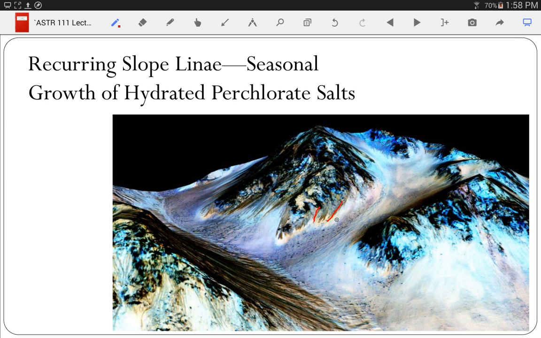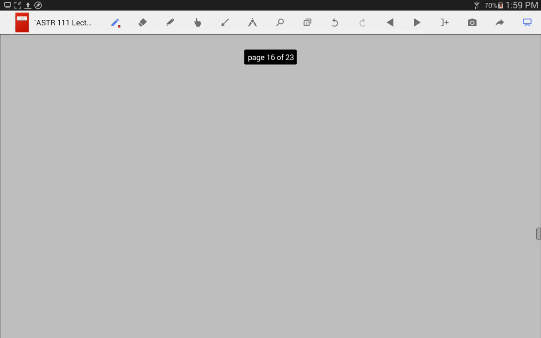So this is the evidence: seeing these things grow and shrink seasonally, and looking at the reflection spectra in this case, looking at the spectra from these to identify the chemical components and saying, we have a hydrated salt there that's appearing and disappearing. And yes, here's the technical name, recurring slope lineae. In other words, recurring lines on the sides of hills.